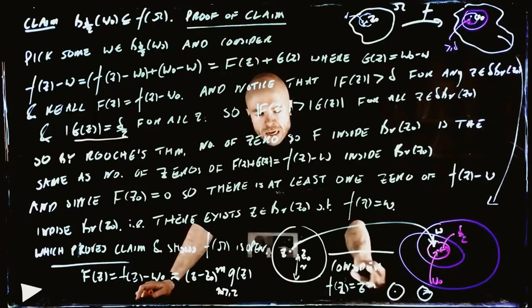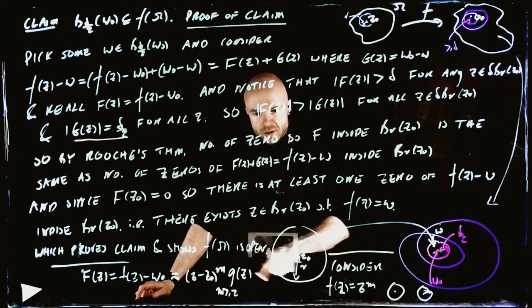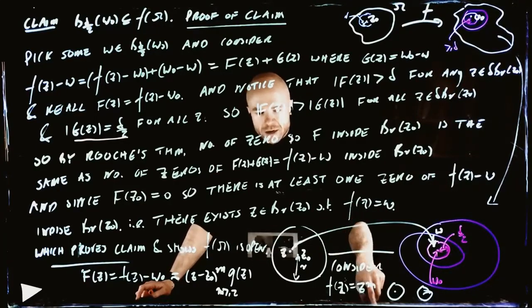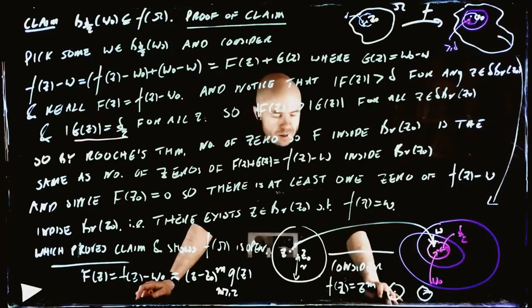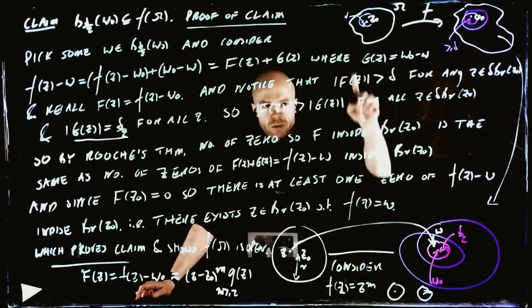So if you want to do an elementary proof like this, using the fact that the worst that can happen is something like this at 0, you'd be arguing in a way which somewhat follows this.